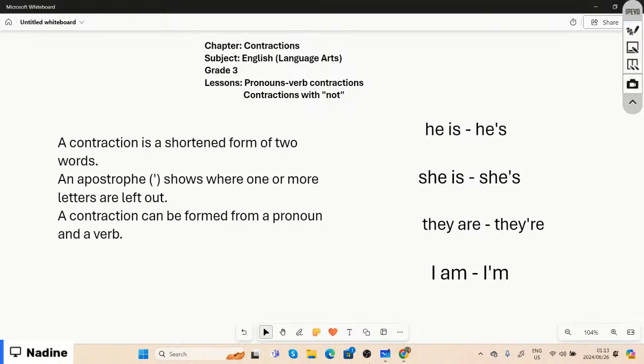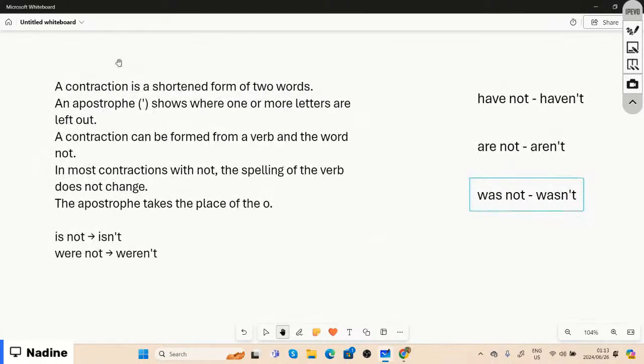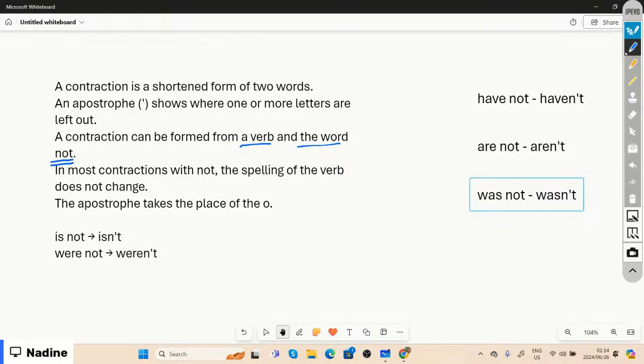It comes now to our next one. So "wouldn't" is over here where it says that a contraction is a shortened form. We said that a contraction can also be formed with the verb and the word "not."